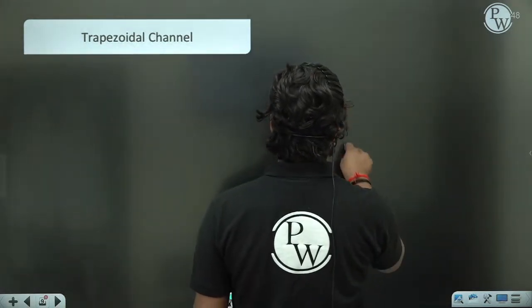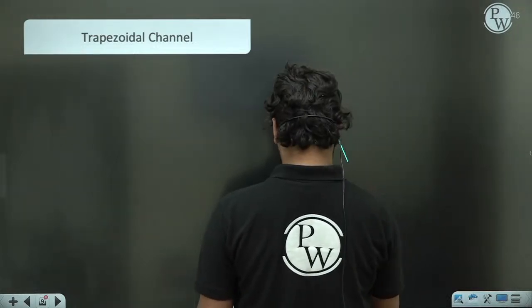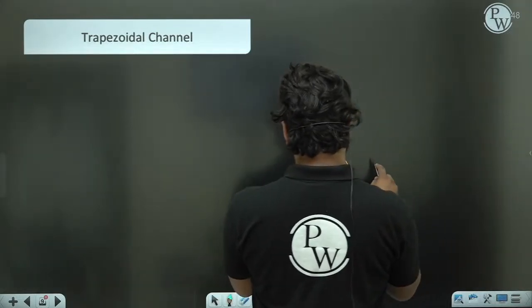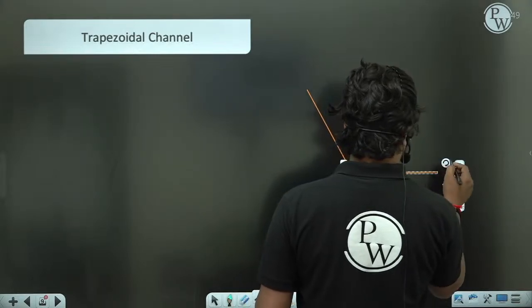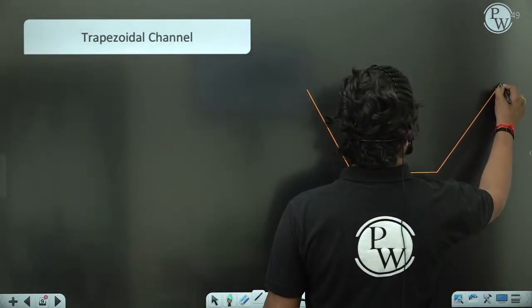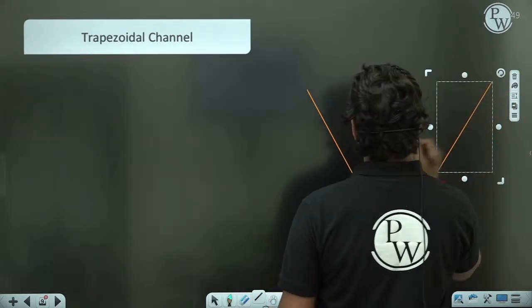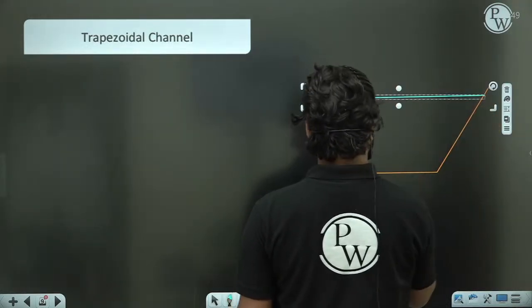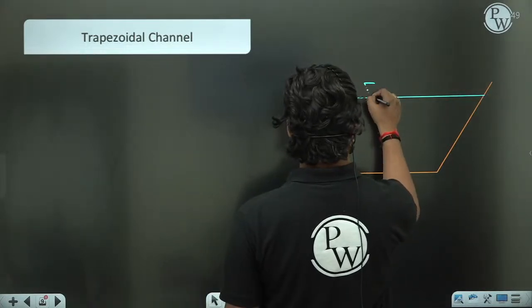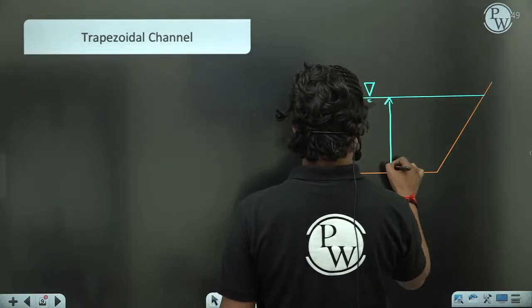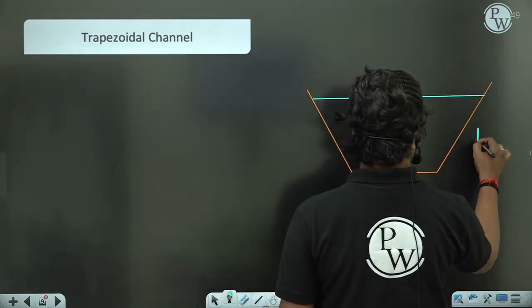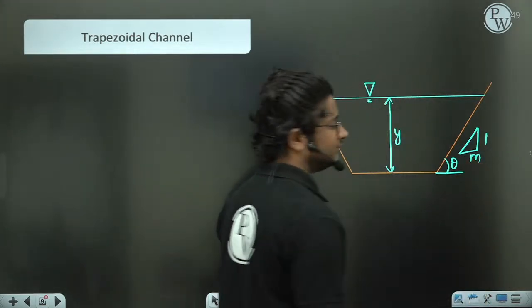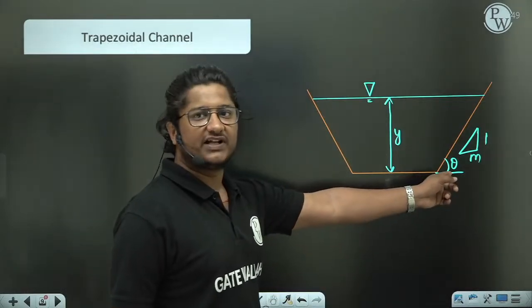Here this angle we are taking as theta. You know that in a trapezoidal section the outside angle we are taking as theta.